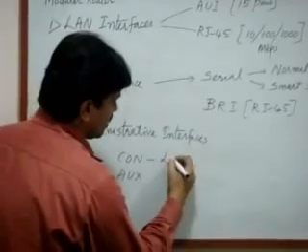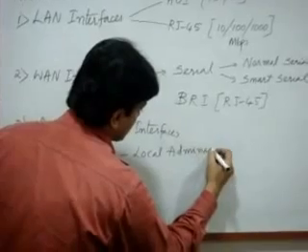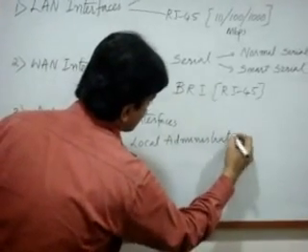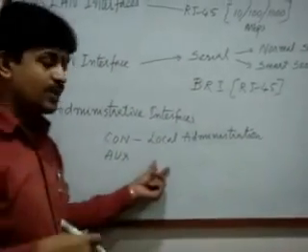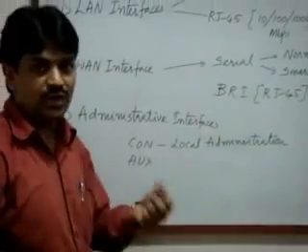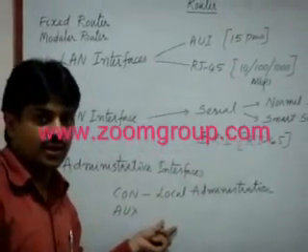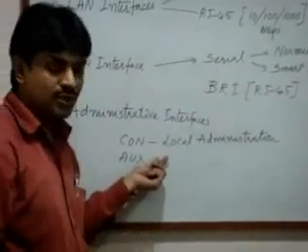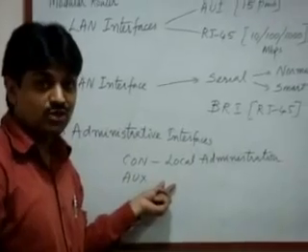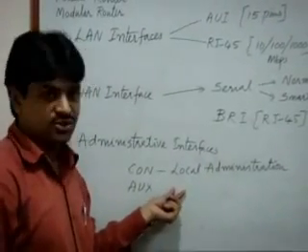The console port is for local administration. So what is local administration? After purchasing a new router, the first-time configuration is called initial configuration. For initial configuration, we have to connect to the console port. In future, if any problem comes, we can troubleshoot through the console port. It is for advanced troubleshooting.